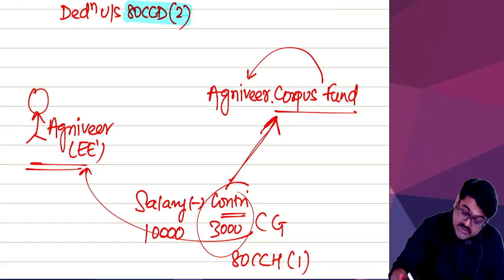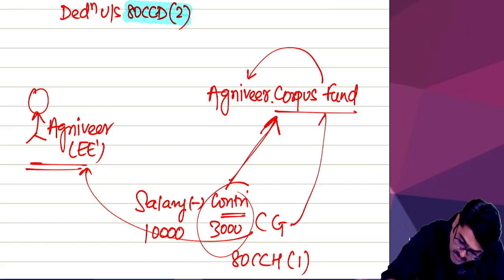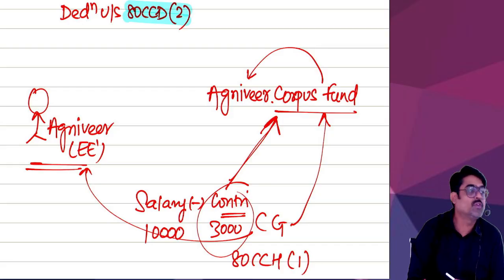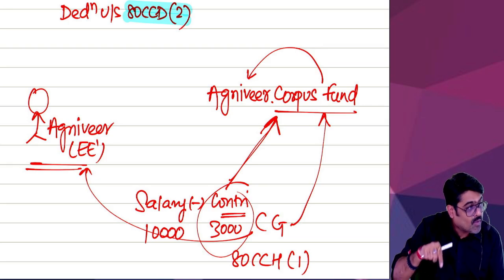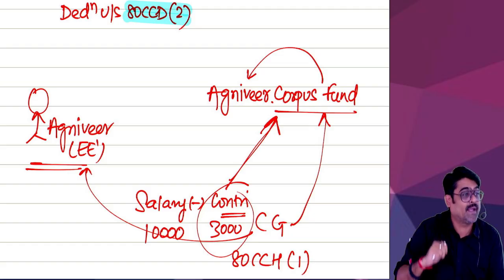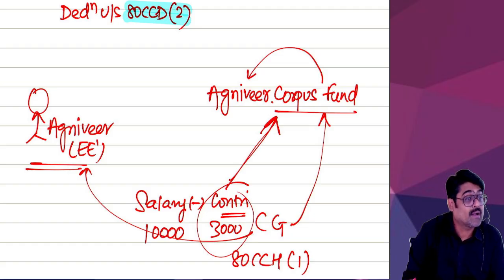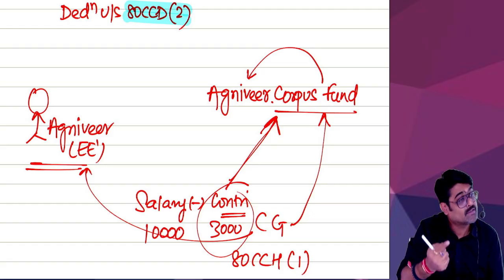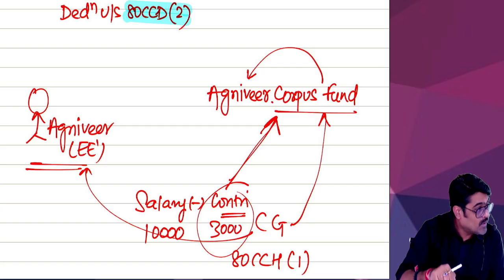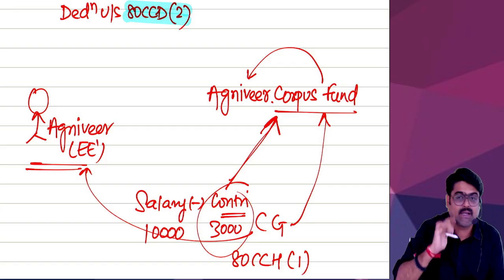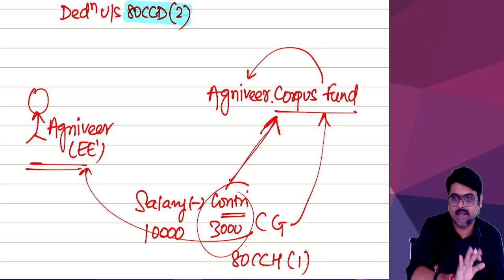Okay. Now just like you, your employer will also contribute here. Who is your employer? Government. So your employer will also contribute. Number one, whatever contribution your employer is making to your Agniveer corpus fund will also be treated as your salary under section 17 subsection 1. And it will be taxable under the head salary.